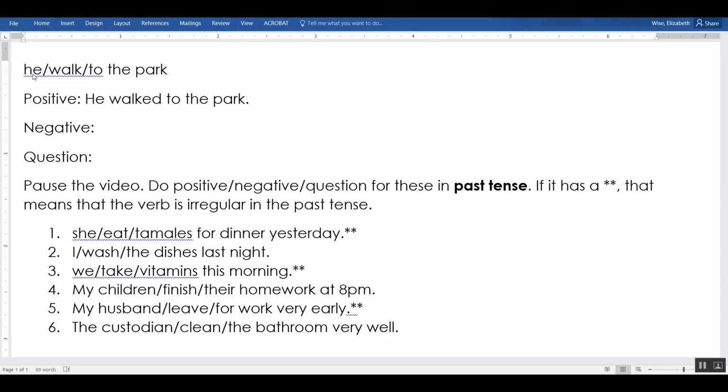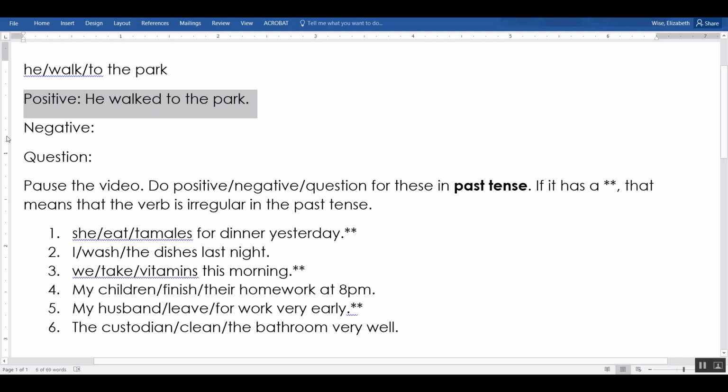Okay, so here we have, look, a person, he, the verb walk, that's just in the present, and then to the park is the extra information. Okay? He walked to the park. So I want you to give me positive, negative, and the question.